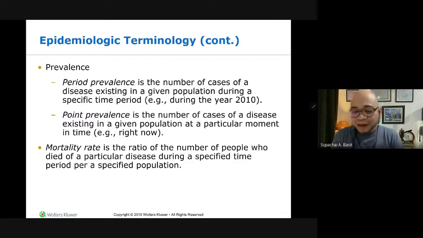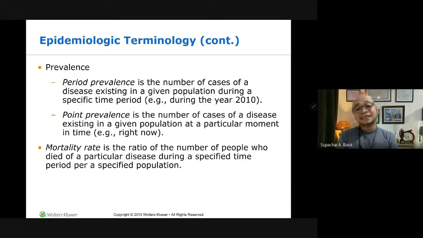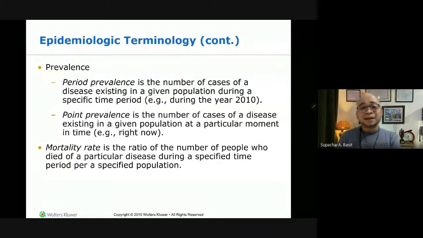Okay? So prevalence, I've discussed that a while ago. There are actually two types of prevalence. The first one is called the period prevalence, and the other one is the point prevalence. When you say period prevalence, it is the number of cases of disease existing in a given population during a specified time period.